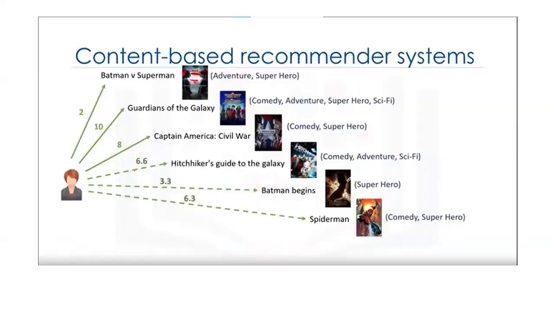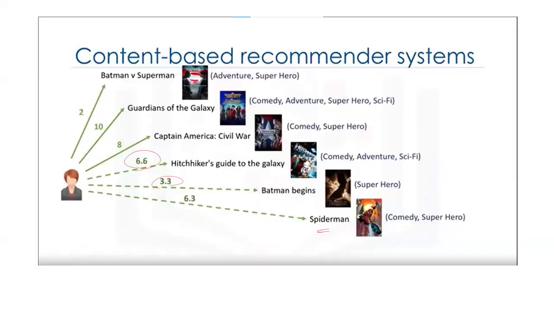So in this case, the higher value is for The Hitchhiker's Guide to the Galaxy, and this will be recommended first, followed by Spider-Man. Batman Begins, though it is a superhero movie, does not have any other genre in it. It is a simple superhero movie, so there is less chance that the person may like it.